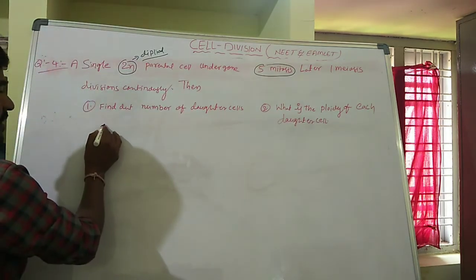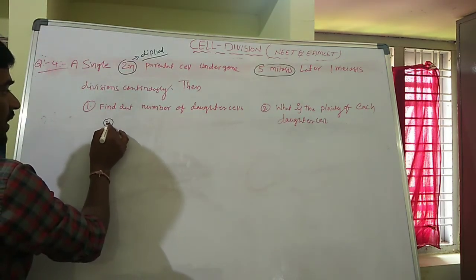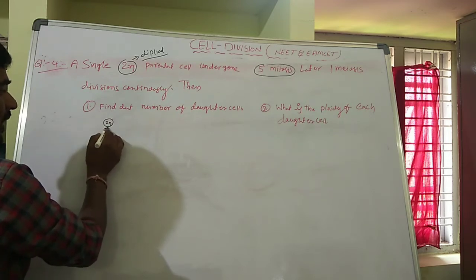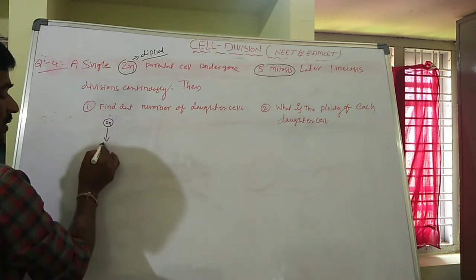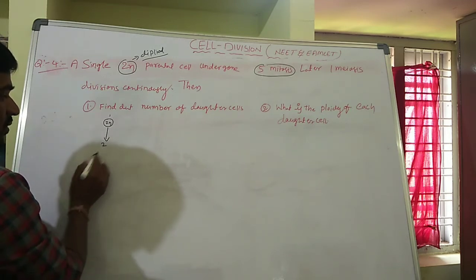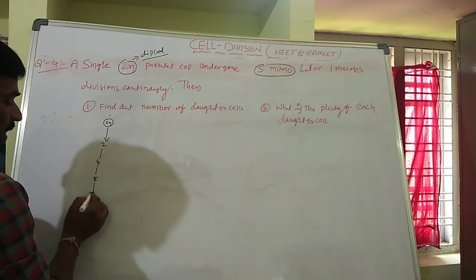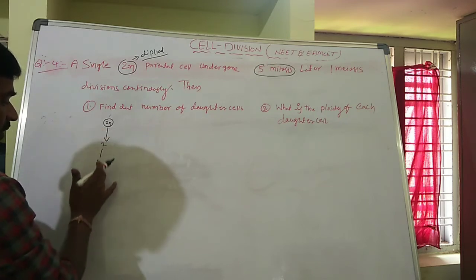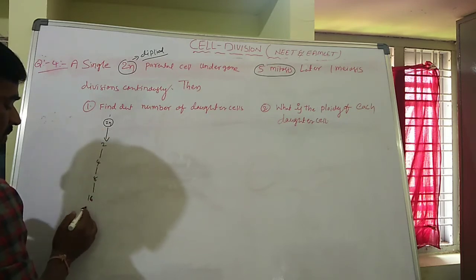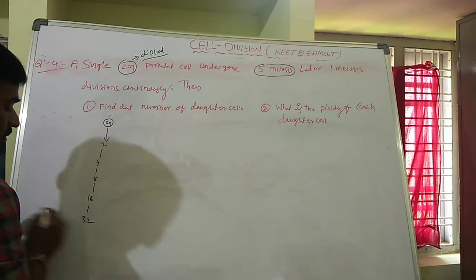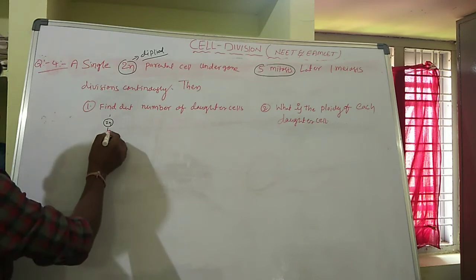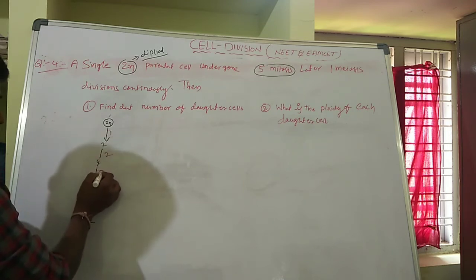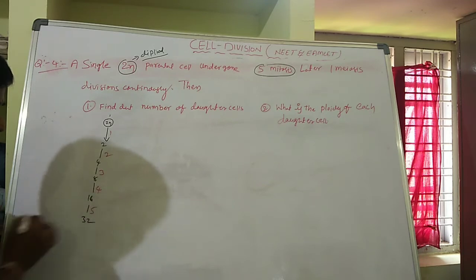First the single diploid cell. From the first division, 2; from 2, 4; from 4, 8; from 8, 16; from 16, 32. So the number of mitosis divisions here is 5: first, second, third, fourth, fifth division.